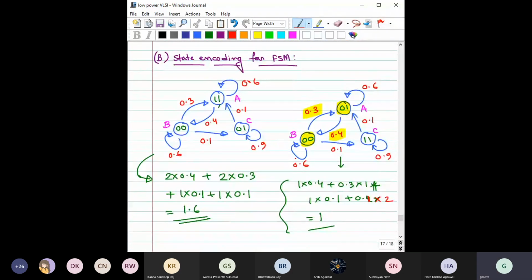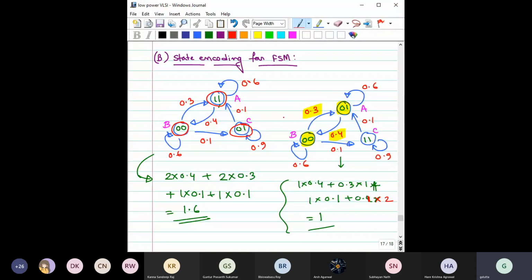Then the last one is the state encoding of FSM. Suppose you are making any finite state machine, you have to assign the states, either 00, 11 or 01. How do you define it?